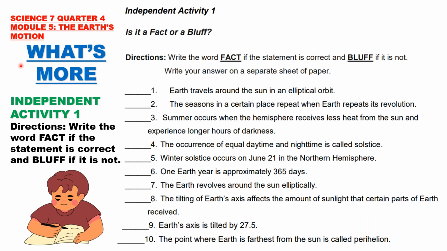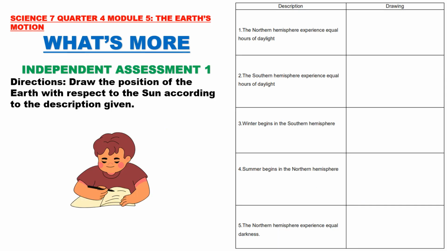Let us now discuss the different activities in What's More. Independent Activity 1. Write the word fact if the statement is correct and bluff if it is not. Independent Assessment 1. Draw the positions of the Earth with respect to the Sun according to the descriptions given. Description number 1.